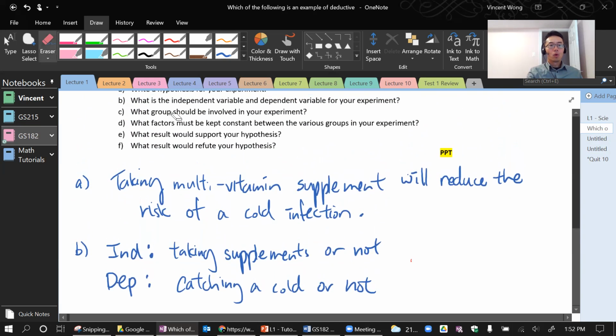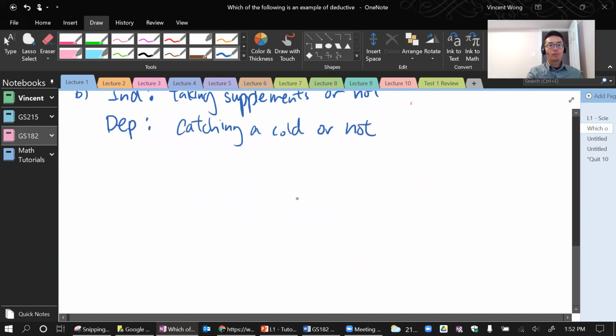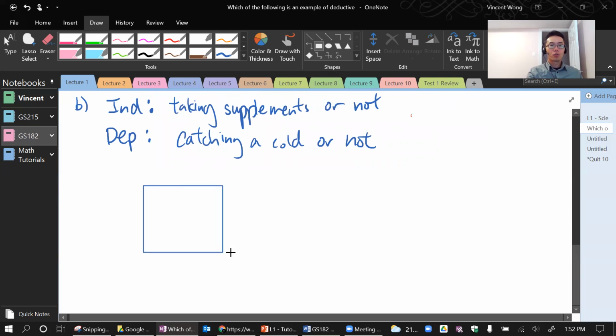C, what group should be involved in our experiment? Okay, so we should have a group of people, right? Lots of people. Okay, so this one would be control group.